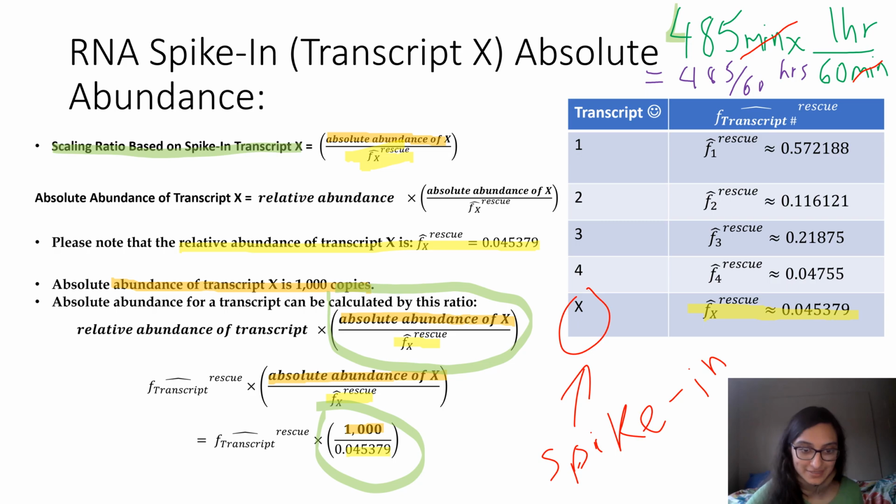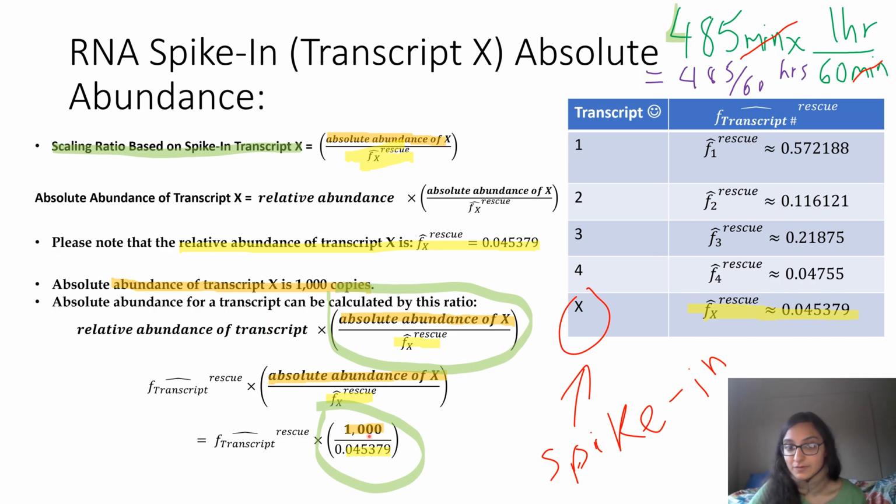You can think of it as almost like that. If this is this value, this is this value, and this is the total number of transcripts, then I multiply by what I observed, using the scaling ratio we got from our spike-in. The spike-in gives us this ratio, that's what we put in, so I can figure out the absolute amount of a given transcript. That's the absolute abundance.